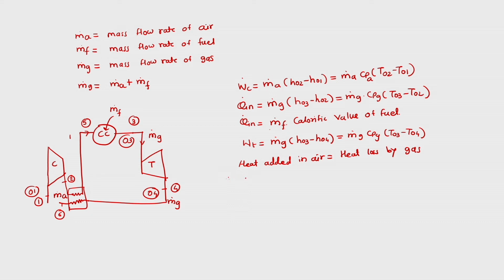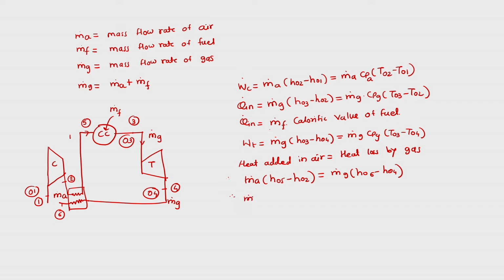So we have m dot a into h naught 5 minus h naught 2 is equal to m dot g into h naught 4 minus h naught 6.